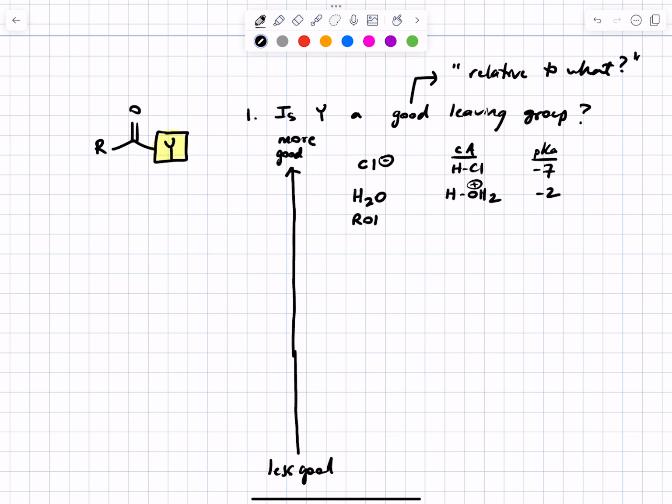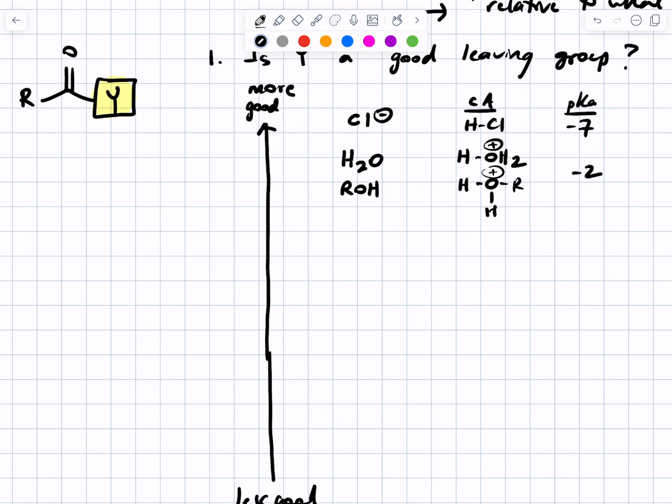An alcohol could be a good leaving group as well, that is, a protonated alcohol. Protonated alcohols, or oxonium ions, have pKa's around -2. Those are good leaving groups. Also that we will encounter are carboxylates.